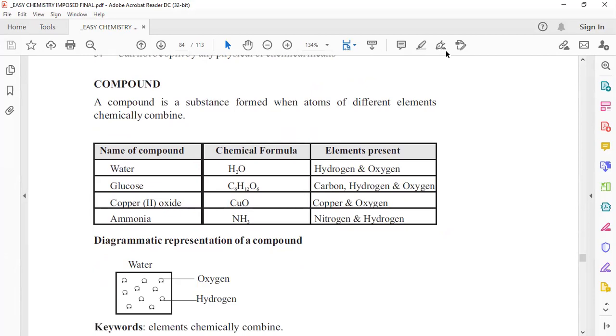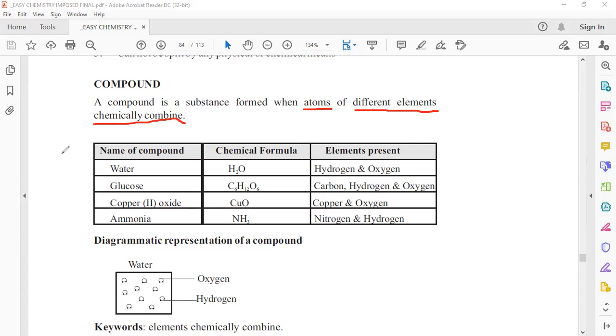A compound is a substance formed when atoms of different elements chemically combine. When atoms of different elements chemically combine, then we have what we call a compound.